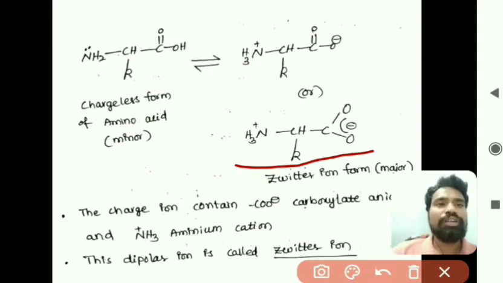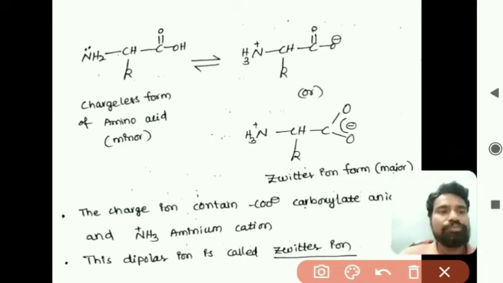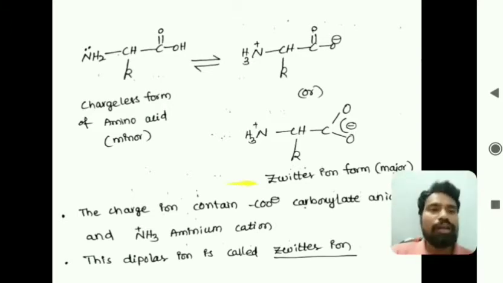So this alpha amino acid contains two charged species: a positive charge at the nitrogen atom and a negative charge at the carboxylate oxygen. That's why this dipolar ion is called a zwitterion. The dipolar ionic form of an alpha amino acid is called a zwitterion.